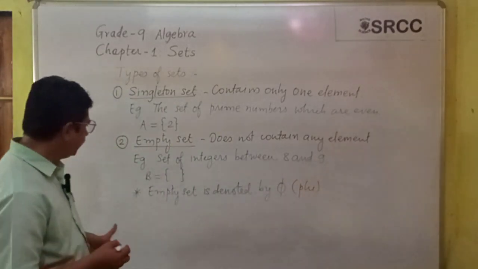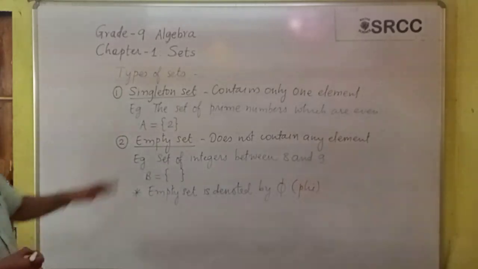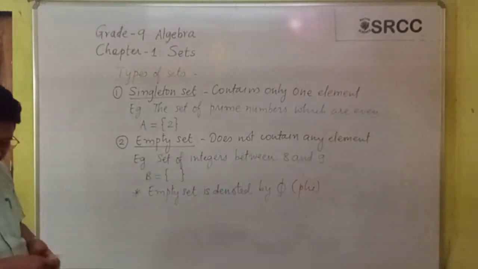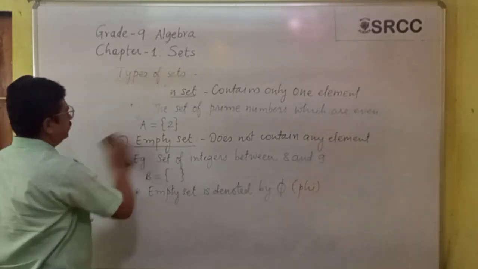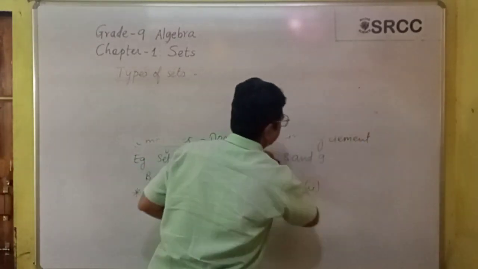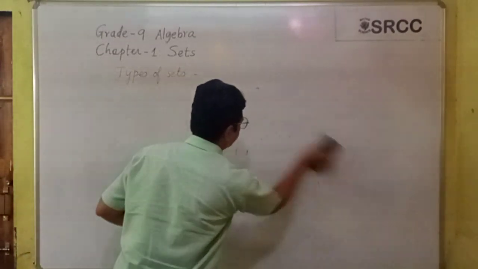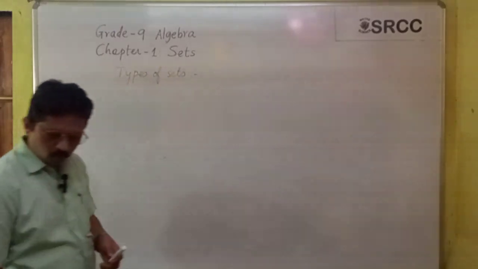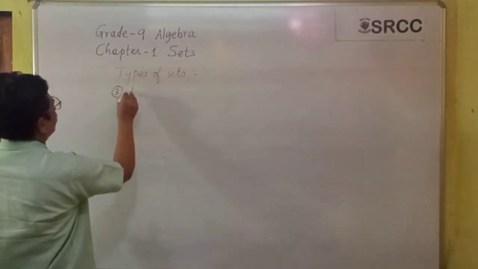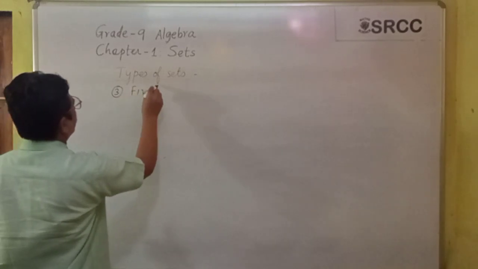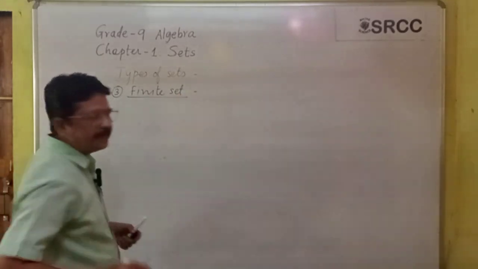So, here we have completed two types of sets, that is the singleton set and the empty set. Further, we shall see the next type of set, and that is known as the finite set.